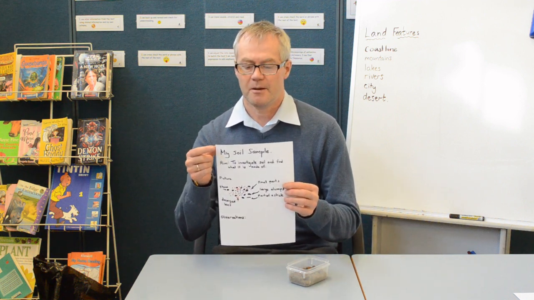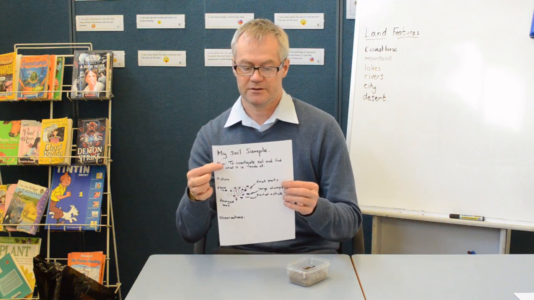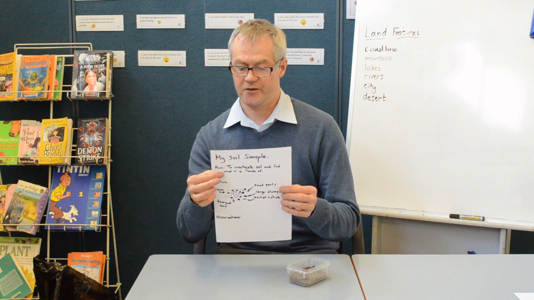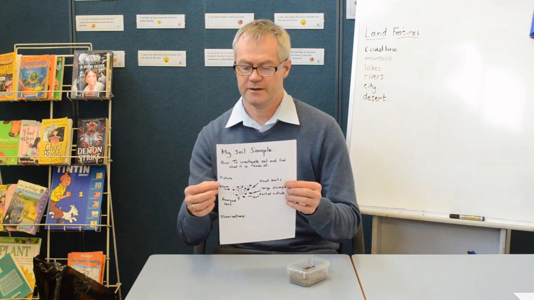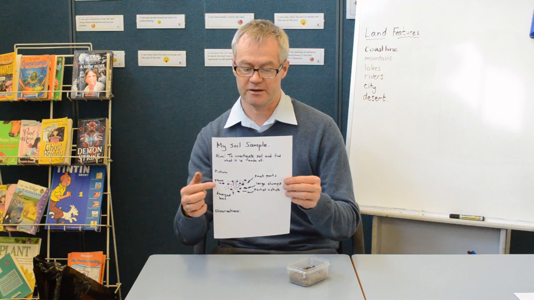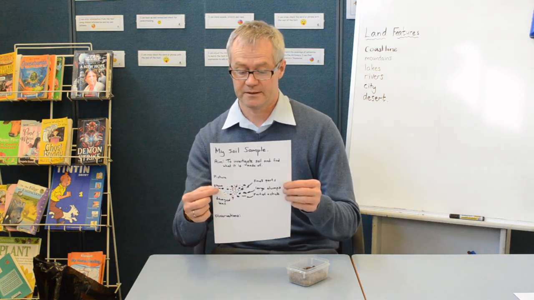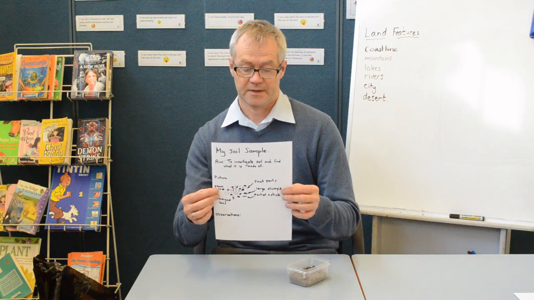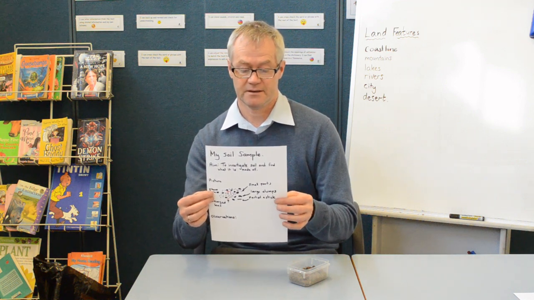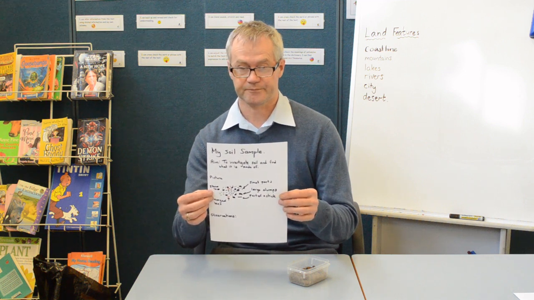Up here I've written my soil sample. Here is the aim, to investigate soil and find what it is made of. Here's a picture. So in my picture I've got larger clumps, I've got smaller clumps, the stones, little pieces of stick and parts of decayed leaf.